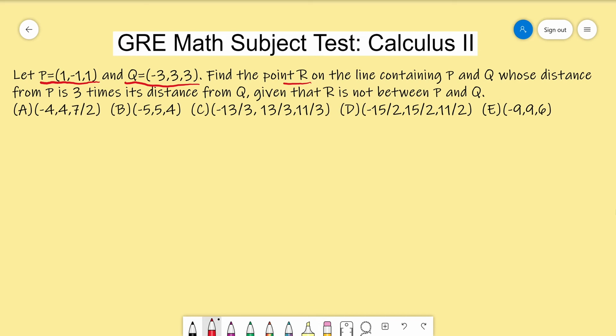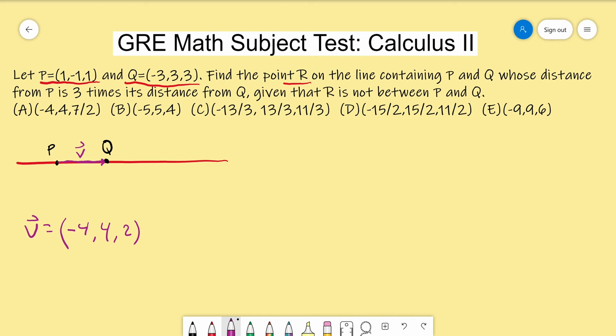So let's say we have some line, and let's say this is P, and this is Q. Now we know that every point on the line can be written in the form P plus some scalar multiple of V, which is the vector connecting P and Q. In our case, V is equal to, let's see, negative 3 minus 1 is negative 4, 3 minus negative 1 is positive 4, and 3 minus 1 is 2.